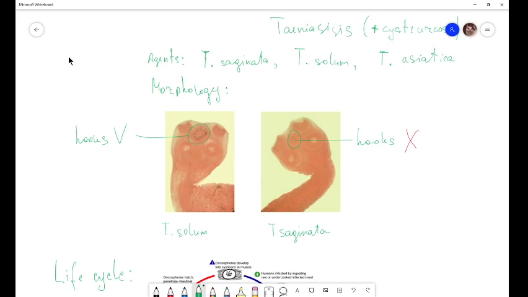Taenia solium has hooks, here you can see that, and Taenia saginata has no hooks on their head, and both these worms have 4 suckers on their heads.